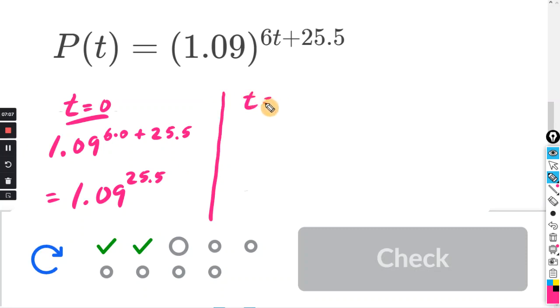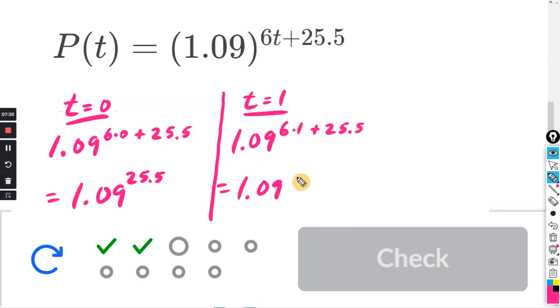And then at hour 1, t equals 1, we got the 1.09 to the power of 6 times t, which is 6 times 1 plus 25.5. Okay, we still have the 1.09. 6 times 1 is 6 plus 25.5 is going to be 31.5.